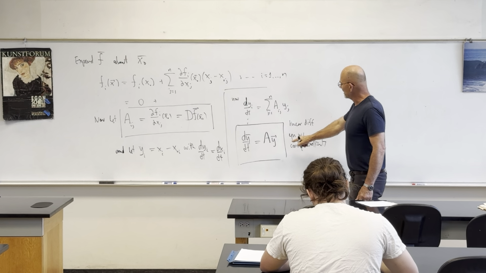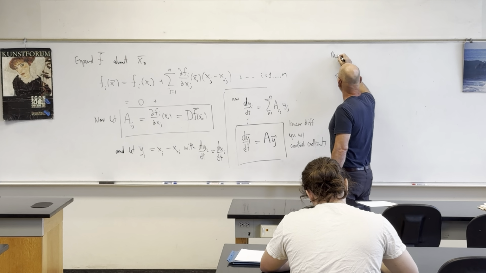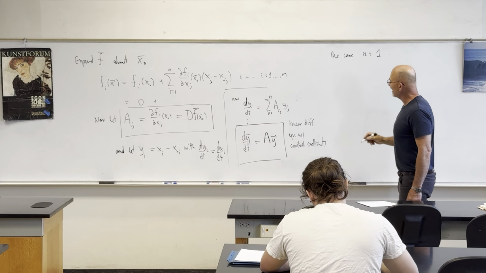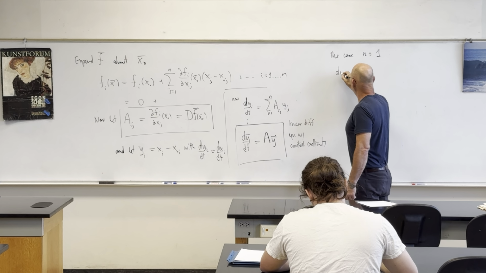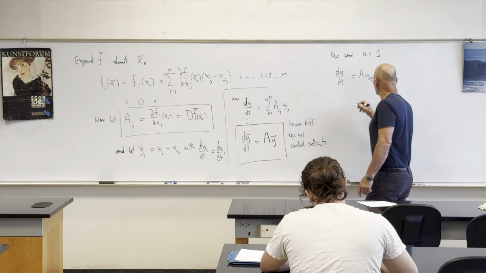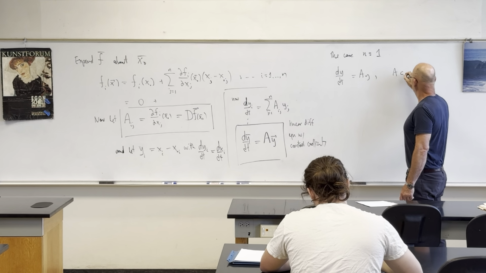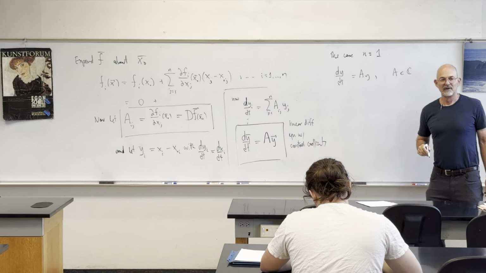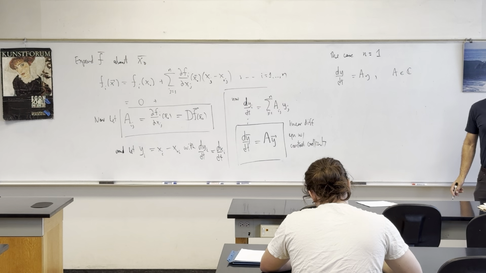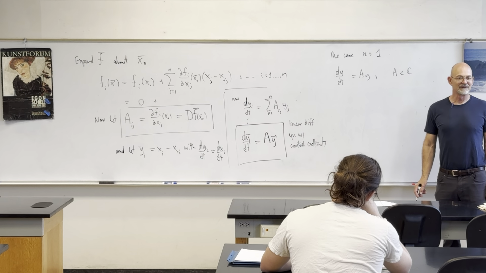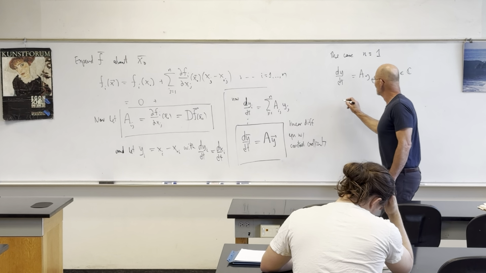So if we take the case where n equals 1, then what do we have here? dy dt equals a times y. a is just a number, could be a complex number. What's the solution to that differential equation? The all-time basic differential equation.